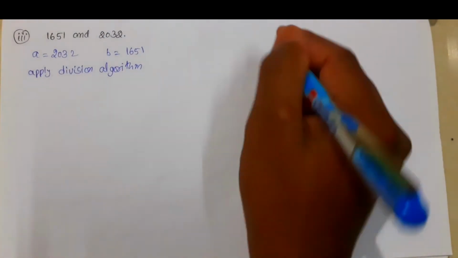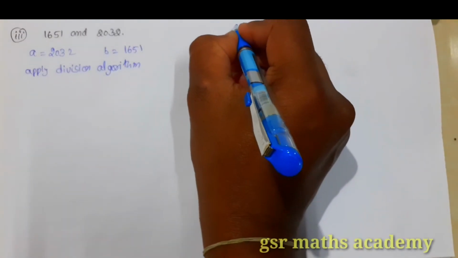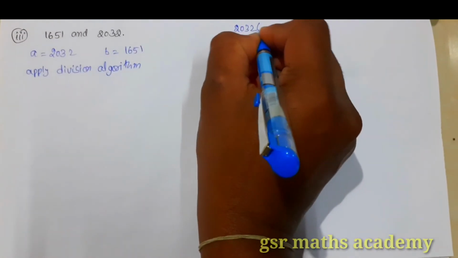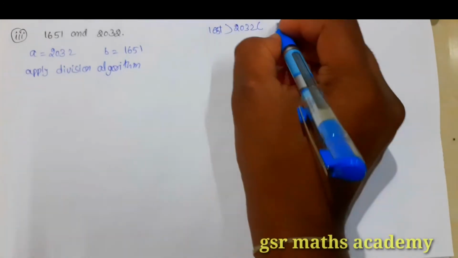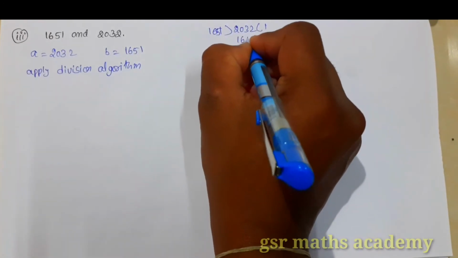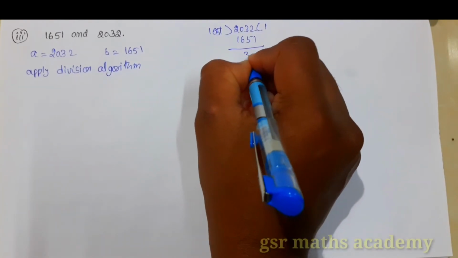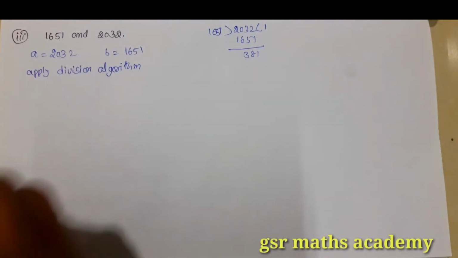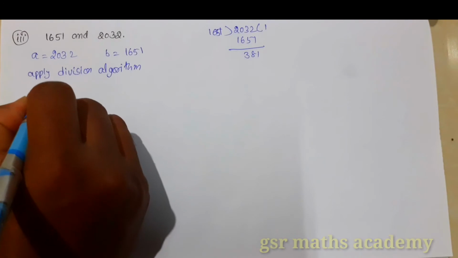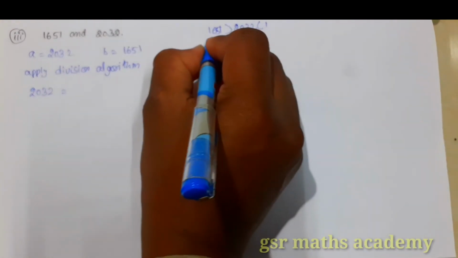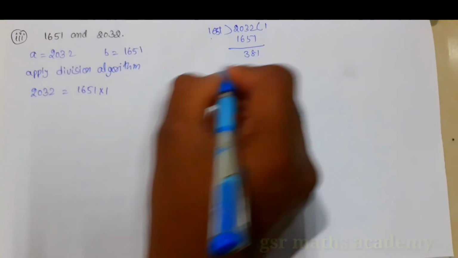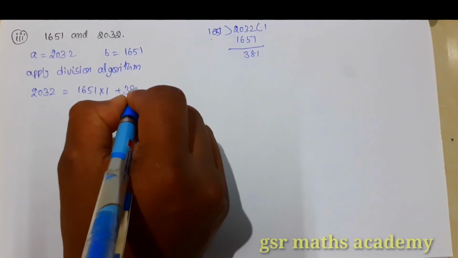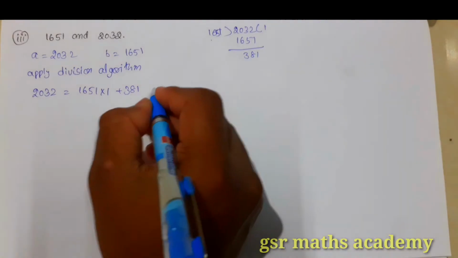That means we need to divide the greater number 2032 by 1651. So 1 time is 1651 and subtracting it you get 381. That means 2032 can be written as 1651 into 1 plus 381.